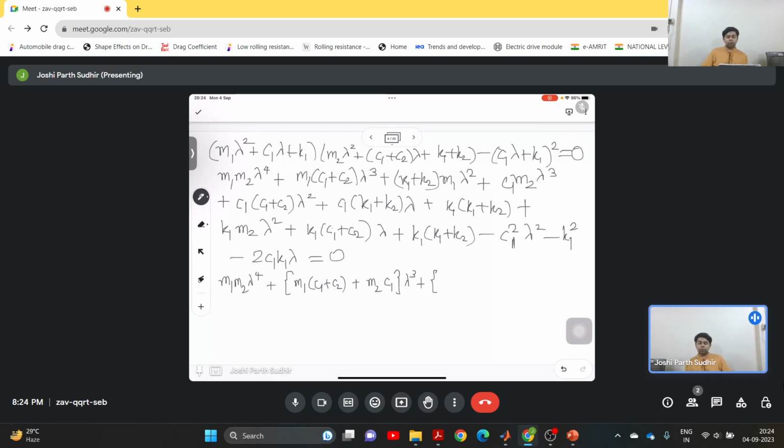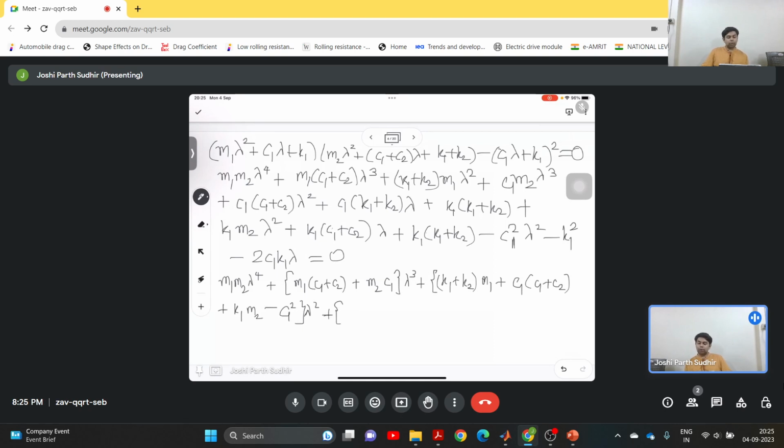Then the terms for lambda square will be k1 plus k2 m1 plus c1 into c1 plus c2, plus k1 into m2, minus c1 square, lambda square.